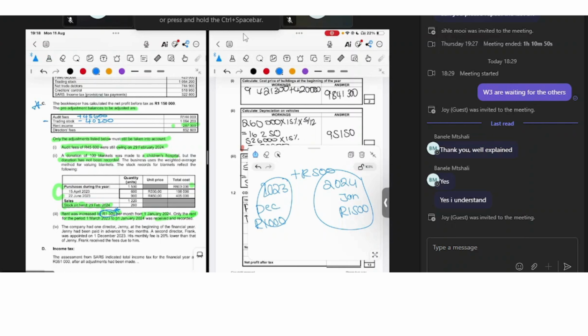So this is our 500 this side. Now, let's say in the question, they didn't tell you how much the rent was. They just told you the increase was 500. If you count rent for December and January, you get 2,500.